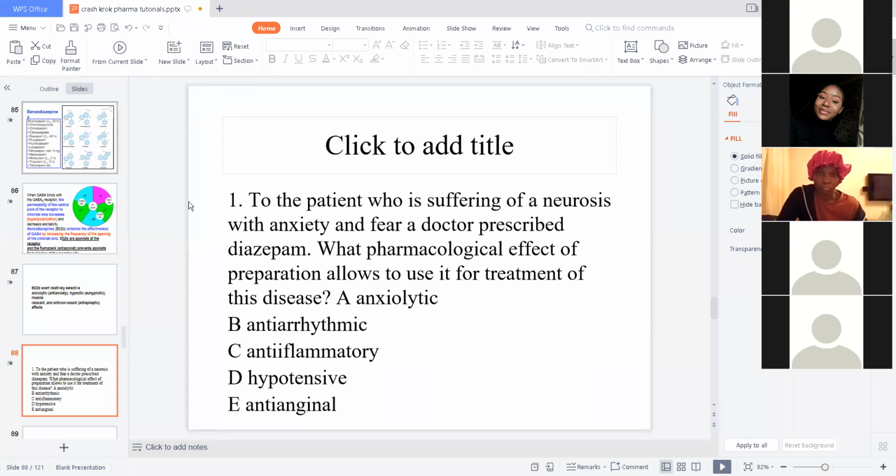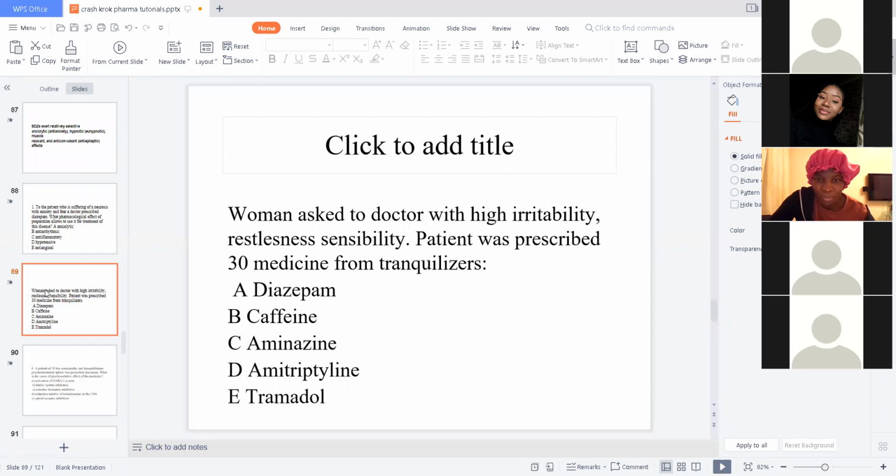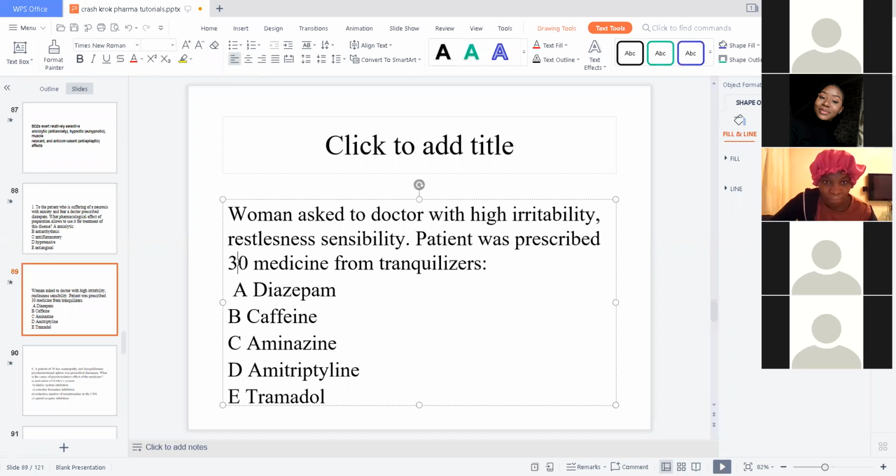Correct. The person has anxiety, so you're going to give an anxiolytic drug. Yeah, Agnes. A woman came to the doctor with high irritability and restlessness. The patient was prescribed a medicine from the tranquilizers. Yes, that's correct. Good job.